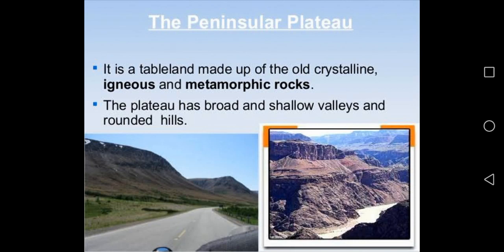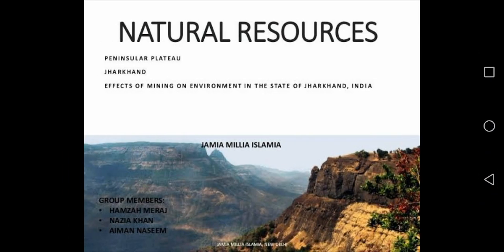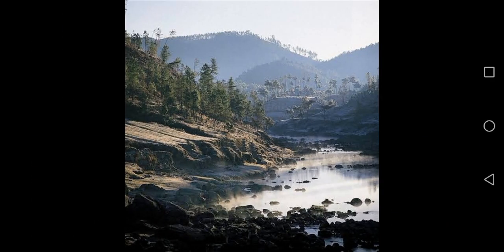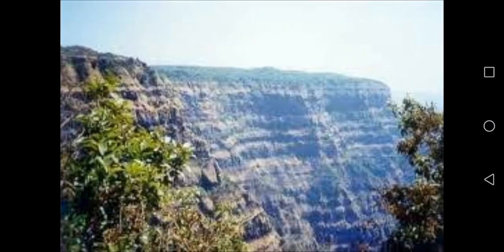The plateau has broad and shallow valleys and rounded hills. They are famous rounded hills and also have many important natural resources, like deep valleys and rocky hills.